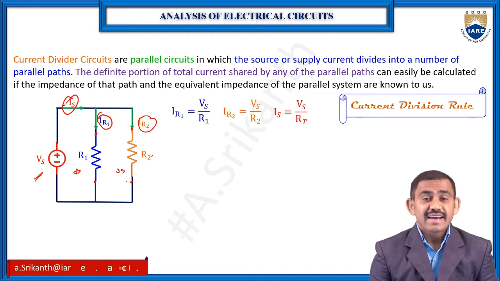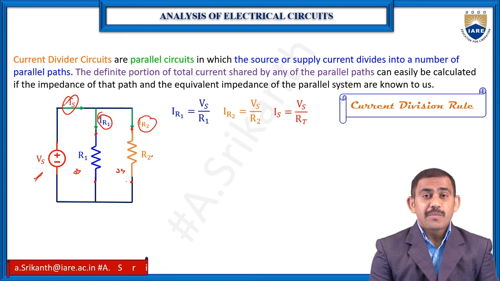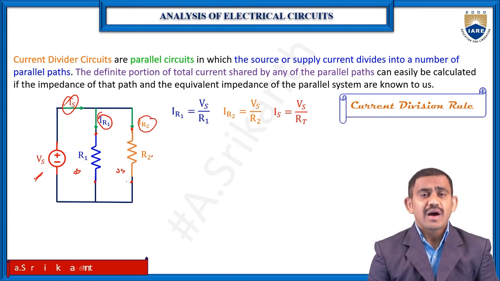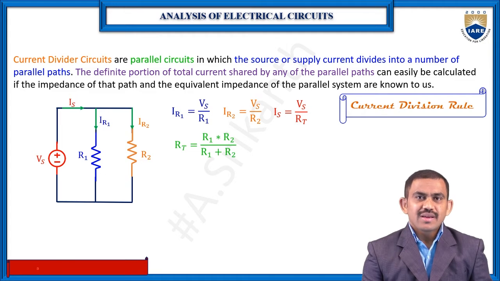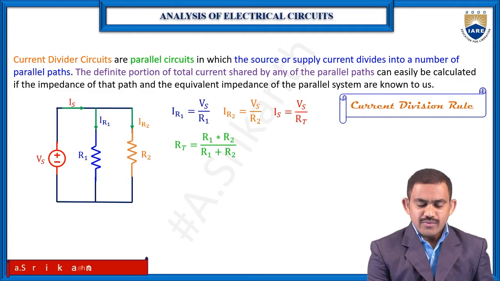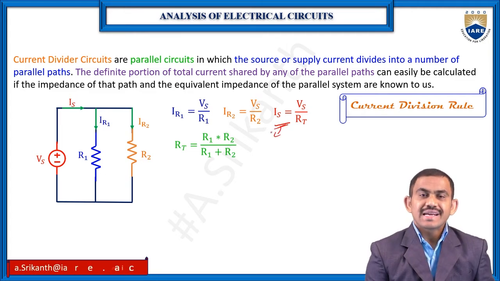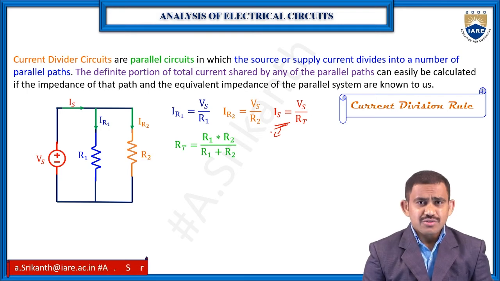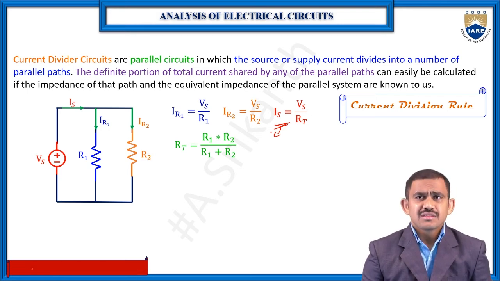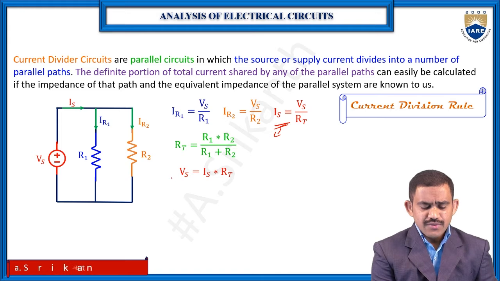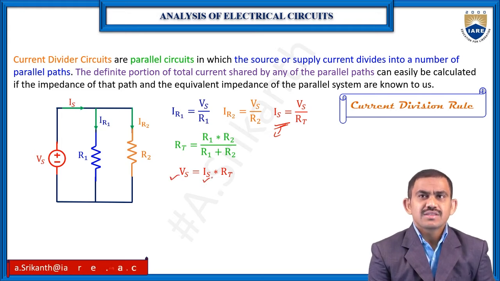For this you need to use the parallel formula. So 2 resistors in parallel means the formula is R1 into R2 by R1 plus R2. Then from this equation you can write Vs equal to Is into R total. Just substitute those values here.